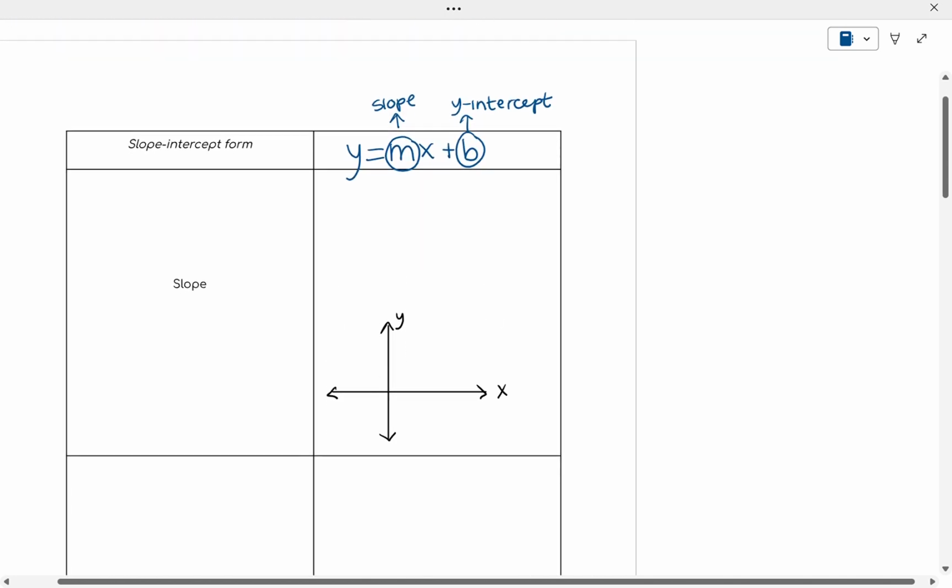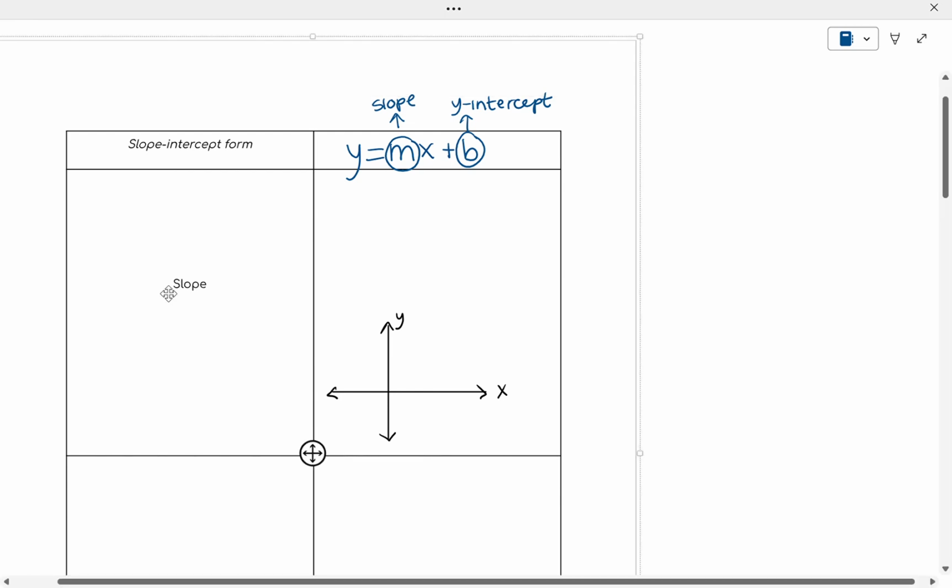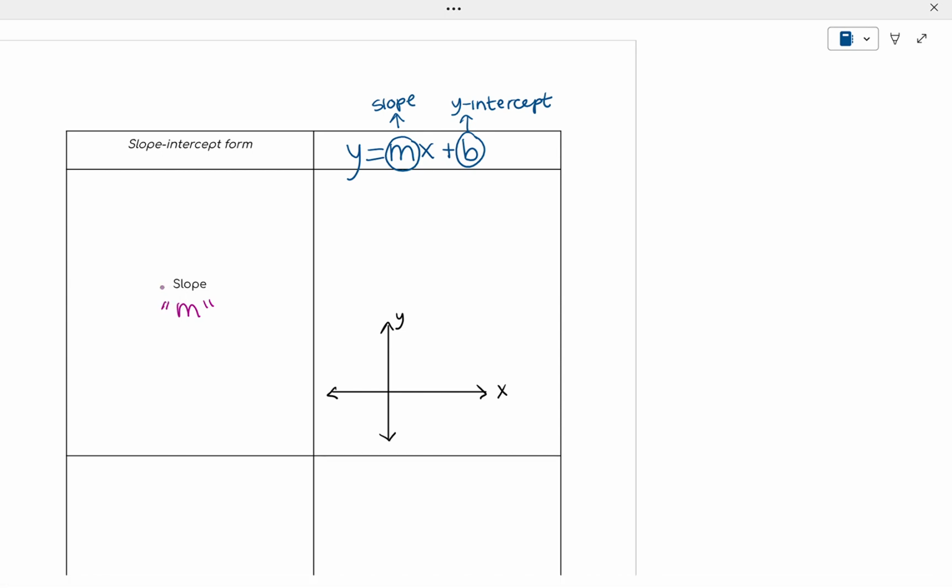So the slope, remember, is what we usually call m in the slope-intercept form. And this is the measure of steepness of a line.